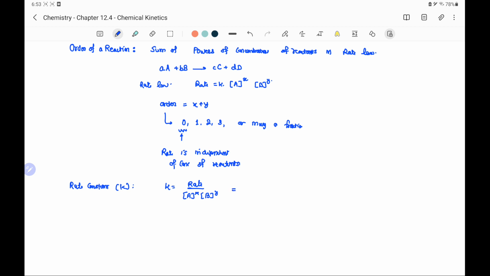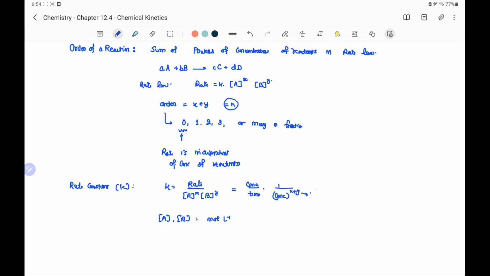Because concentration A and concentration B have the same unit, that is mole per liter, and rate is the change in the concentration per unit time, we can write rate as concentration by time into 1 by concentration, and because A and B both are concentrations, it is raised to power x plus y, and x plus y is the order of the reaction, say it is n.